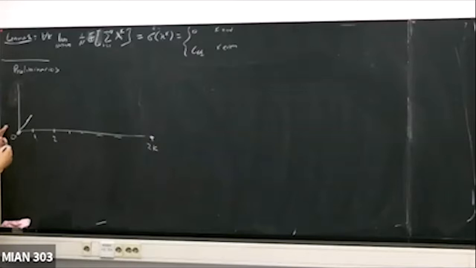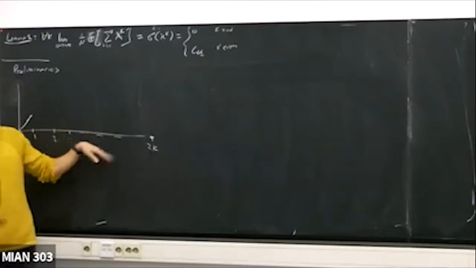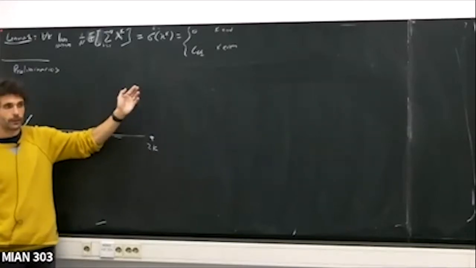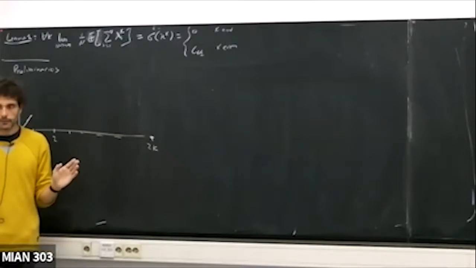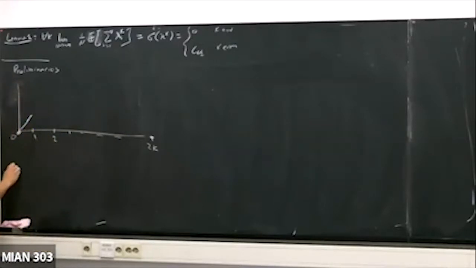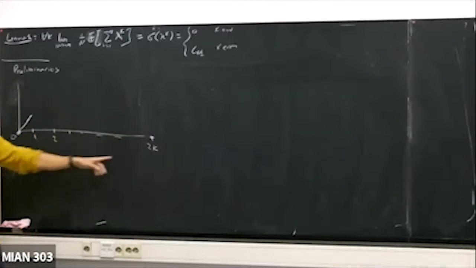How many are there? 2 to the 2k. It's just paths of length 2k, and every time I can choose +1 or -1. Clear? Yes. So there are 4 to the k paths of length 2k, each step +1 or -1.